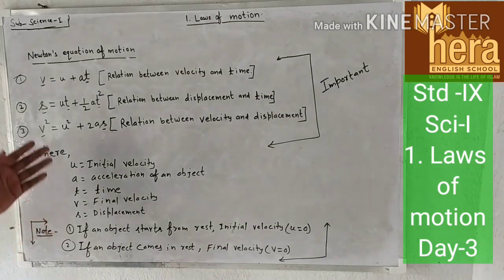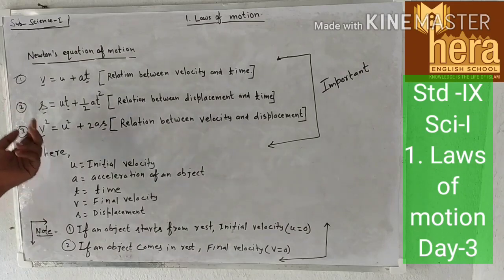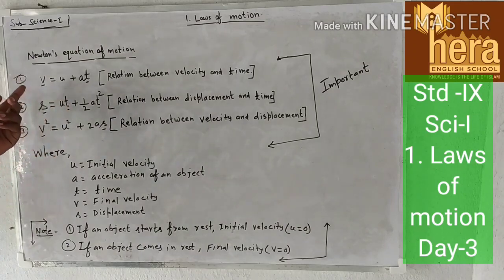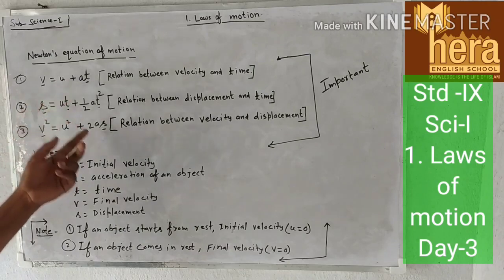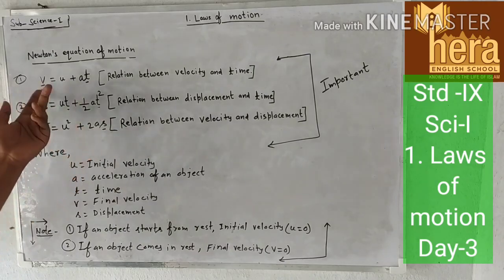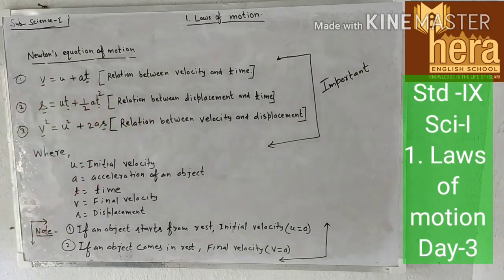Okay? So now we are going to discuss derivation of Newton's first, second and third equations of motion. We will derive where v = u + at came from with the help of the graphical method.